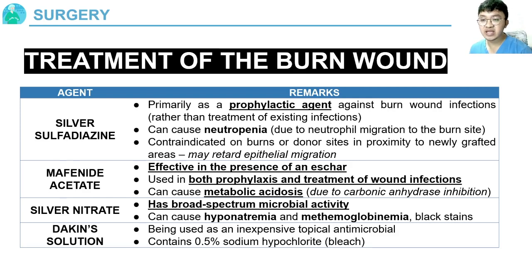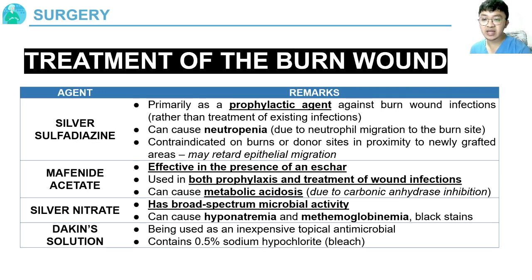Silver sulfadiazine can cause neutropenia, with decreased neutrophils due to neutrophil migration to the burn site. And this is contraindicated in burns on donor sites in proximity to newly grafted areas because this may retard epithelial migration.